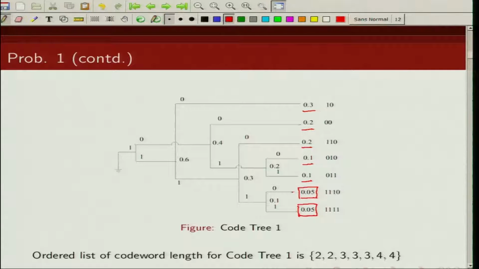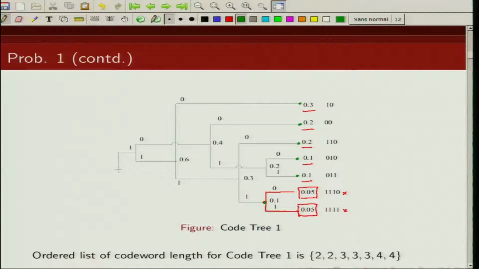We create a new node which has probability 0.1 and we deactivate these 2 nodes. So at this point these are the active nodes.